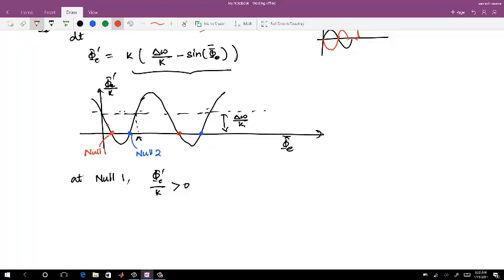It's a positive rate of phase change. If the phase error increases, you are coming in this direction.